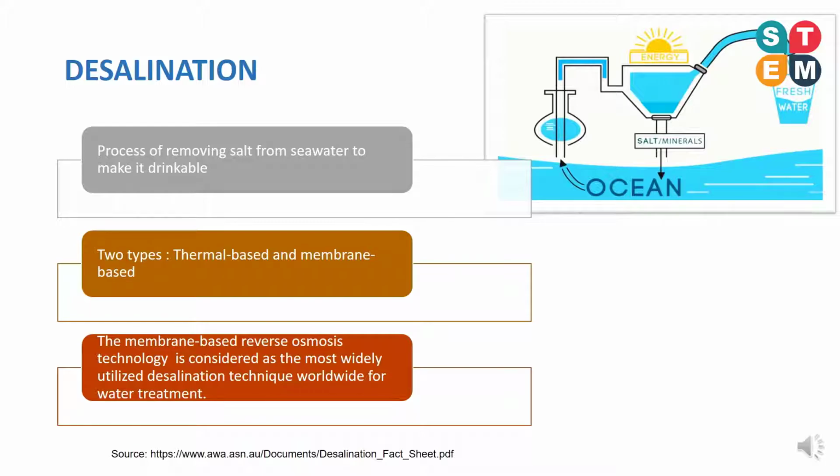In the thermal based technology, multi-stage flash distillation is the most commonly used one, and in the membrane based technology, reverse osmosis is the most commonly used technique. We will discuss reverse osmosis technology in the coming slides.